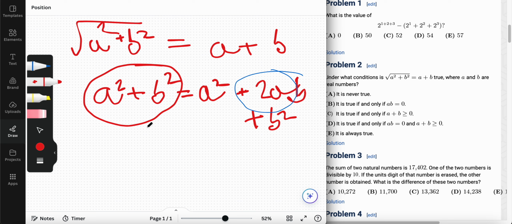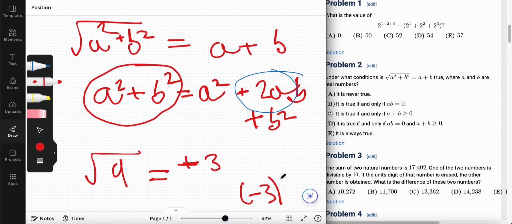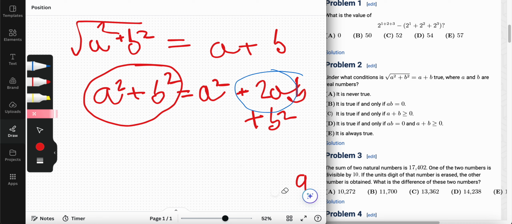So basically what I know is that the square root, let's say the square root of 9, is going to be positive 3. When I square both sides, negative 3 squared is equal to 9, which makes sense, but it's defined to be positive 3, if that makes sense. So that means that a plus b has to be positive.